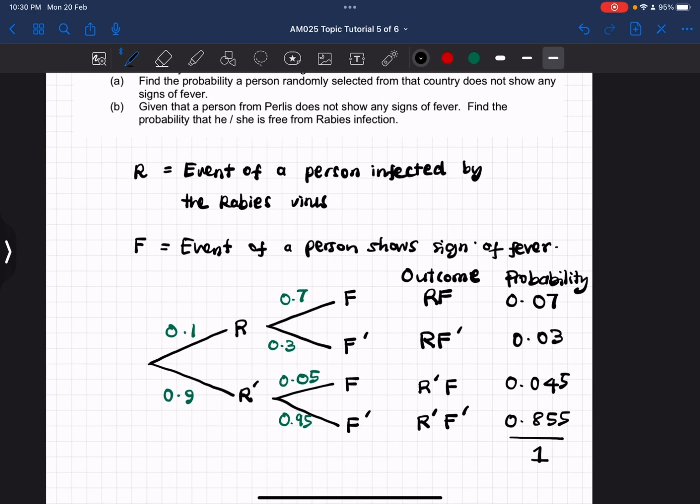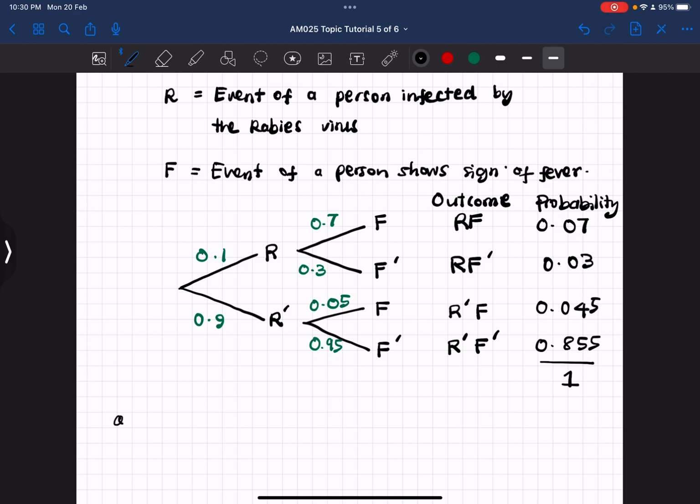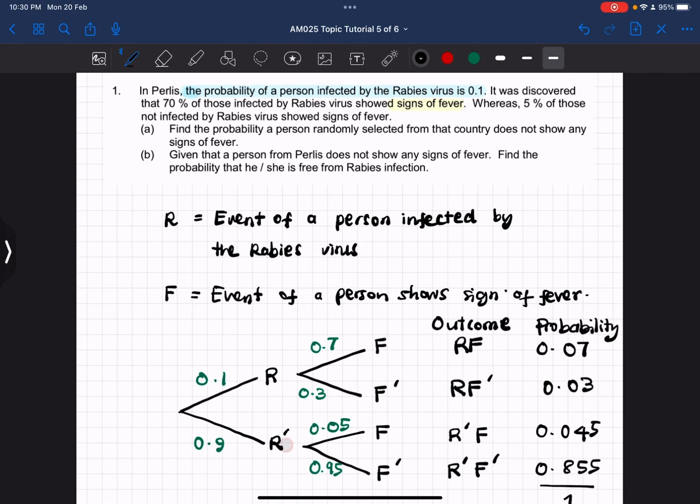Now we have completed our tree diagram. Now let us answer the first question. The question asks: find the probability that a person randomly selected from that country does not show any signs of fever.